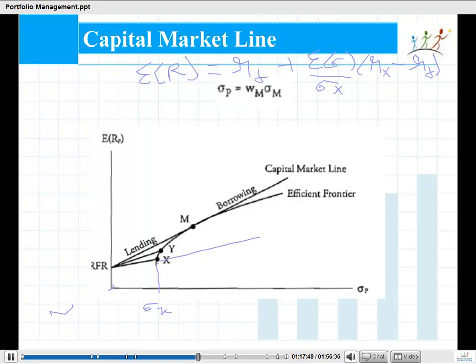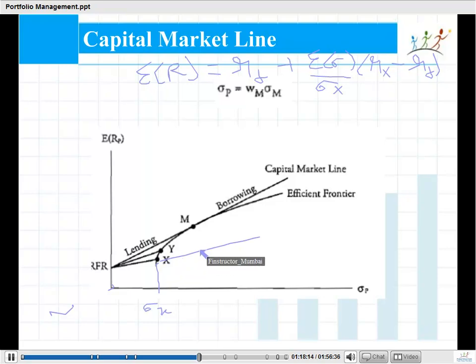Now I will reach this point exactly, the return on the risky asset, if I invest 100% of my money in the risky asset. If I invest 100% of my money in X, I will reach this point.